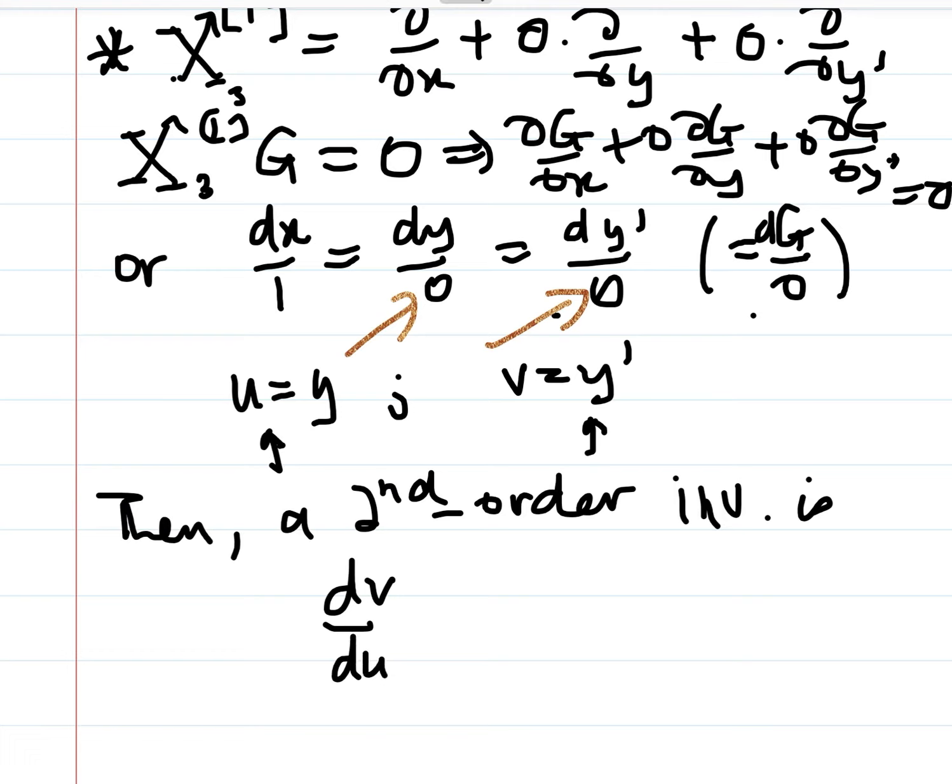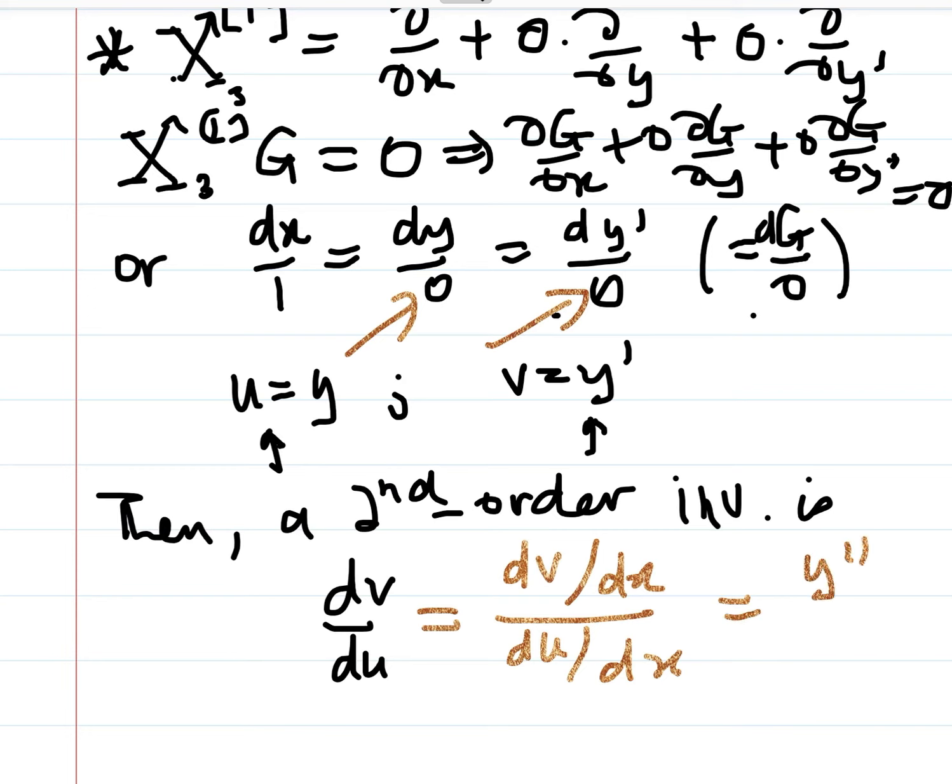Now continuing from here on, using the chain rule, this is dv totally with respect to x over du totally with respect to x. Right. If you differentiate v totally with respect to x, you get y double dashed. If you differentiate u with respect to x, you get y dashed.